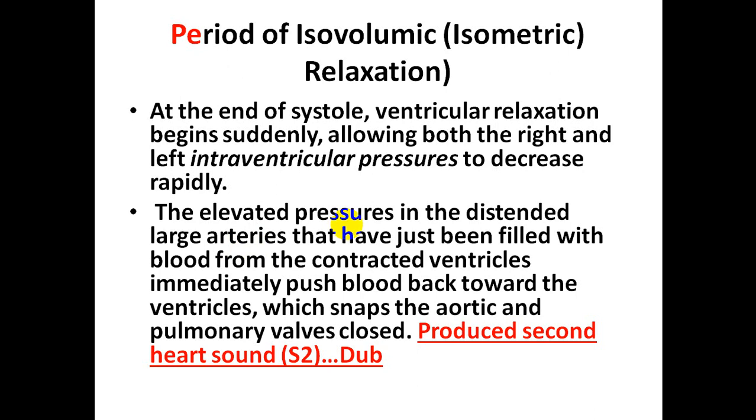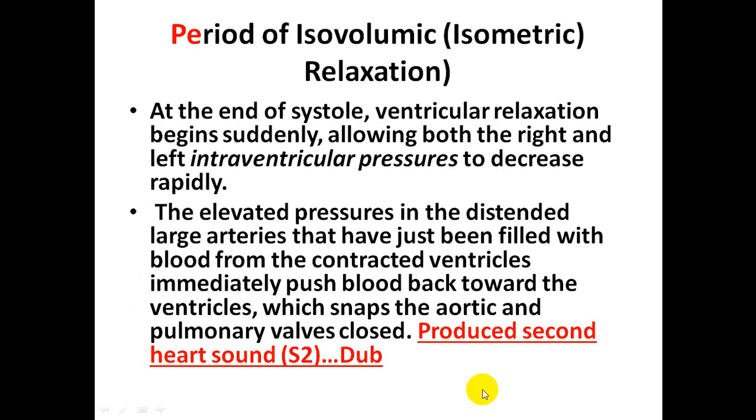The arteries, just filled with blood from the contracted ventricle, immediately push blood back toward the ventricle, so the semilunar valve, as we said, has as its main function to prevent backflow of blood from the large arteries to the ventricle.